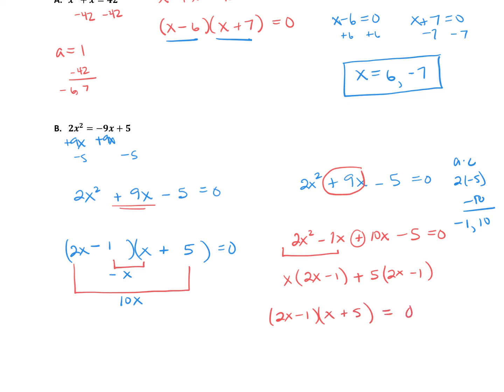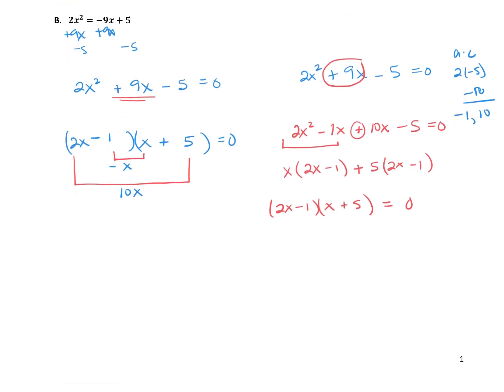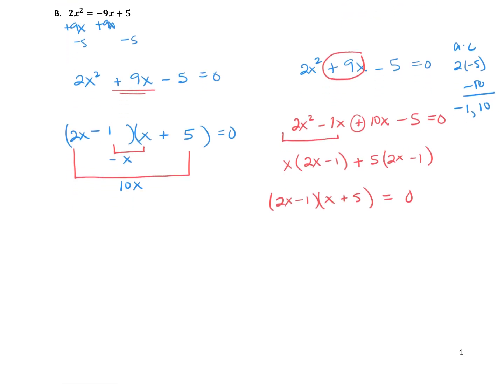Okay, we haven't actually solved anything yet. I just wanted to go through guess and check, or the grouping method of factoring. You pick the one that you are going to be the most successful with. And now we can solve. Once you have it factored and set equal to 0, each factor gets its own equation. So 2x minus 1 gets set equal to 0, and x plus 5 gets set equal to 0.